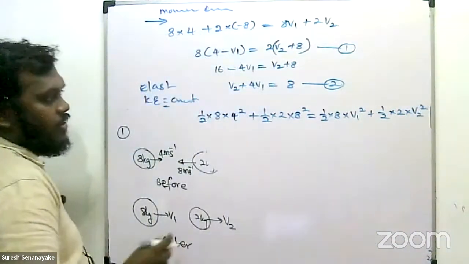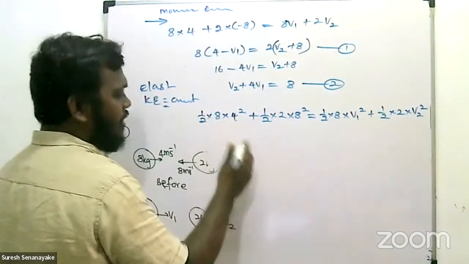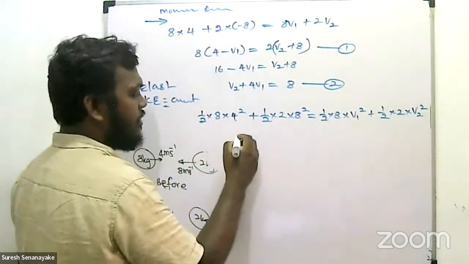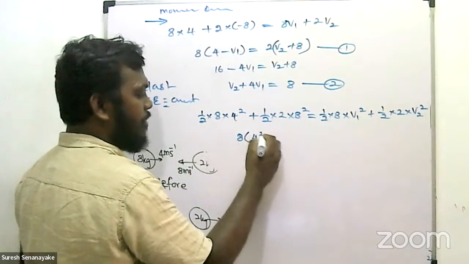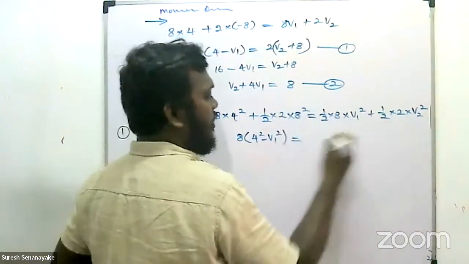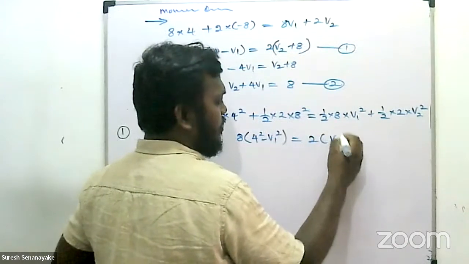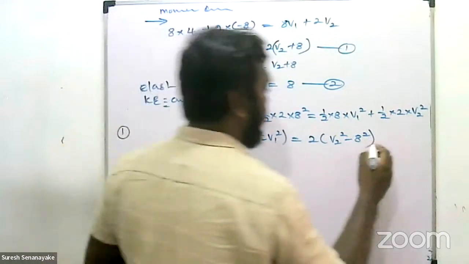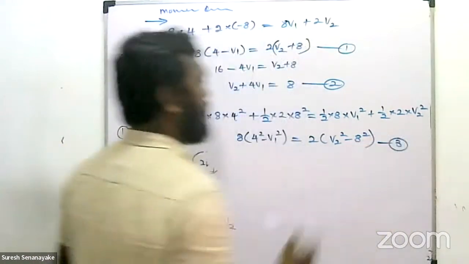Half will cancel in all of this, right? Half into 8 into 4 squared, this is 8 v squared. I will take this side, 8 take out, that's 4 squared minus v1 squared, and on this side, taking 2 out, v2 squared minus 8 squared. This is the third equation.